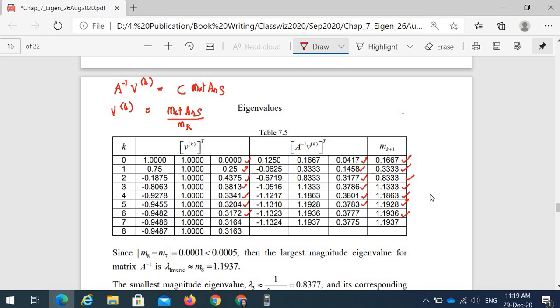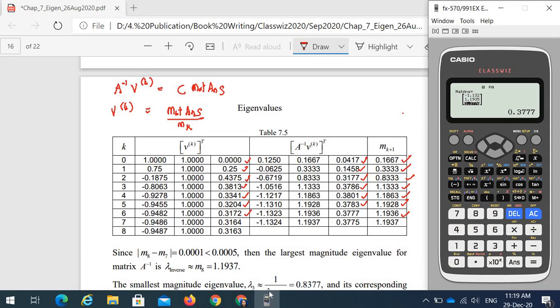Okay, so you need to repeat until your M k plus 1 minus Mk is less than epsilon. This one is still greater than epsilon, so we repeat one more time. The next Vk: take the max answer, divide this value by 1.1936. So 0.948613164. Okay, this one done.